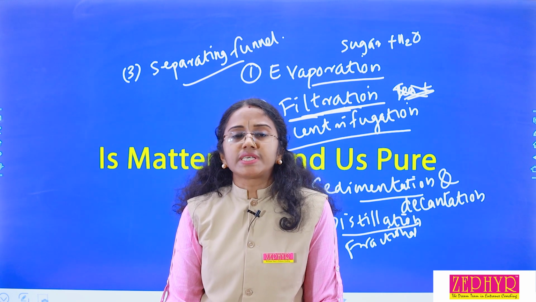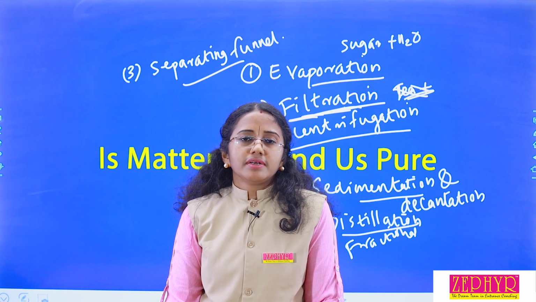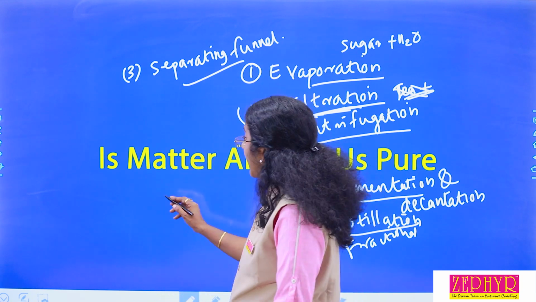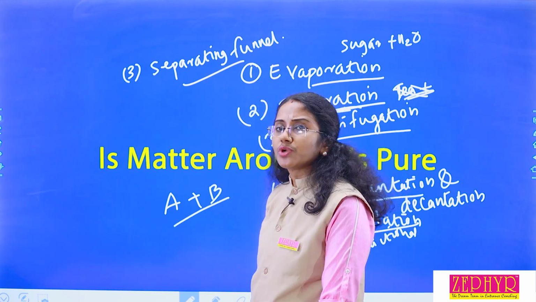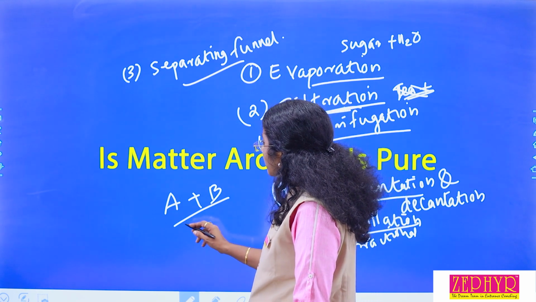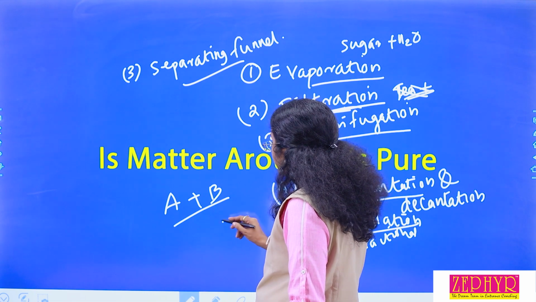We can separate them using distillation based on boiling point. For example, A plus B are two liquids that are miscible with each other. The condition is that the boiling point difference is more than 25 degrees.